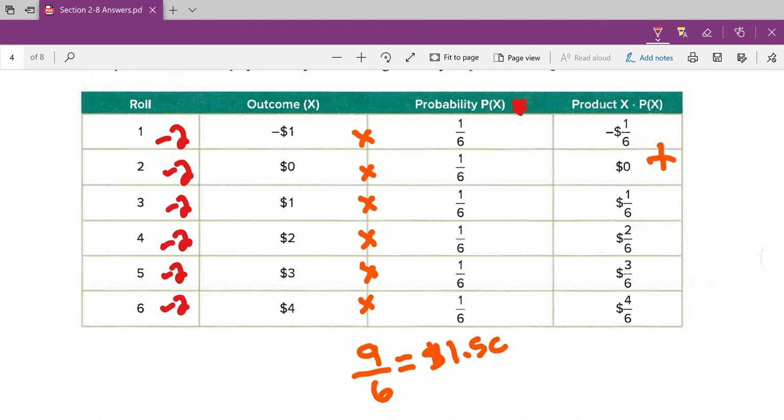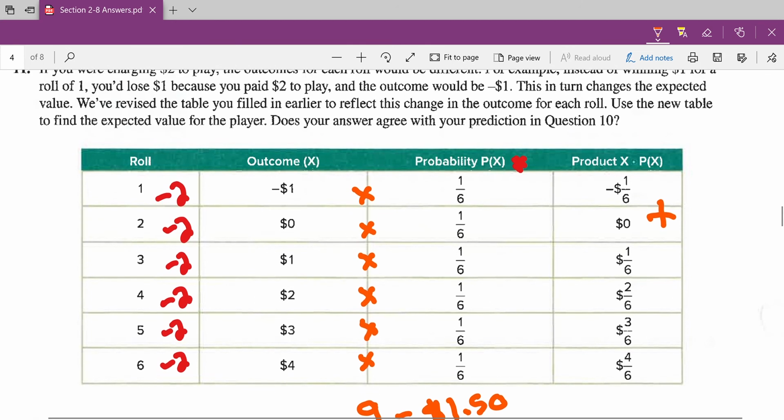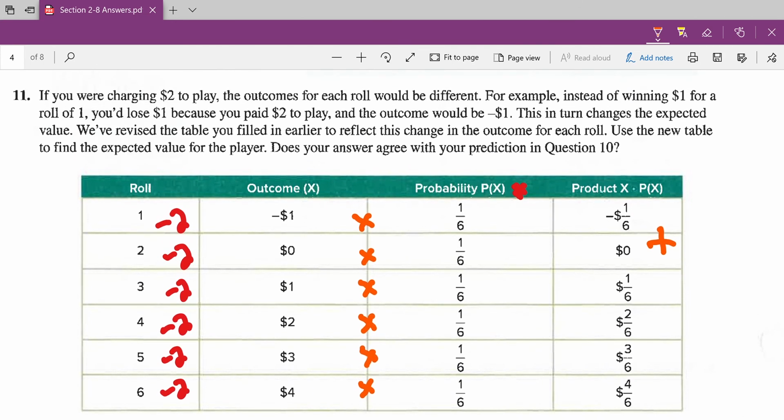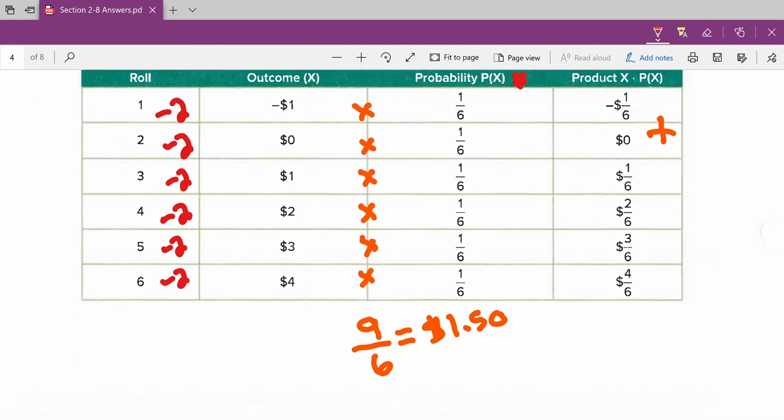If I was paying $2 to play this game, my expected winning now goes from $3.50 to $1.50 per roll. I would expect that I would win $1.50 for any given roll.